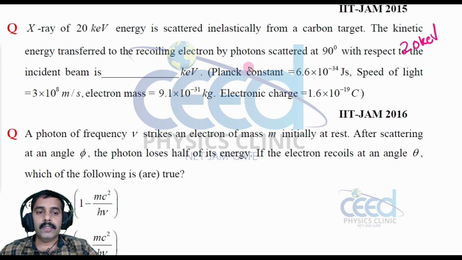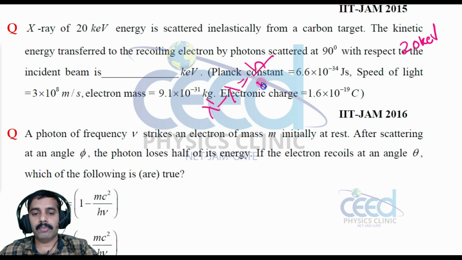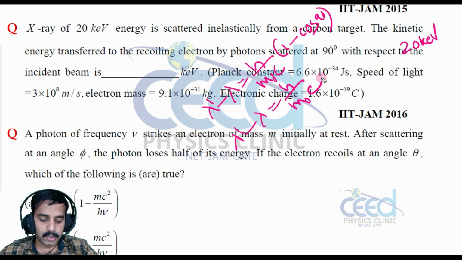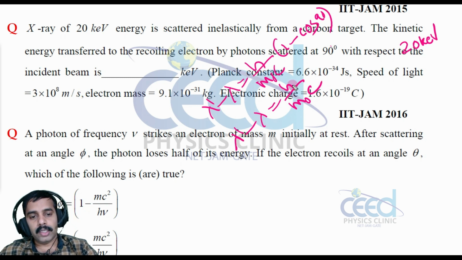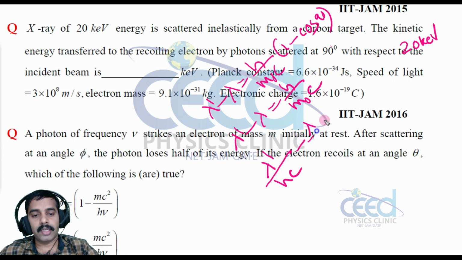Before that, we already know lambda dash minus lambda is equal to h by m0c into 1 minus cos theta. Theta is 90 degrees, so lambda dash minus lambda is equal to h by m0c. Now I can divide by hc, so lambda dash divided by hc minus lambda divided by hc gives 1 by m0c square.